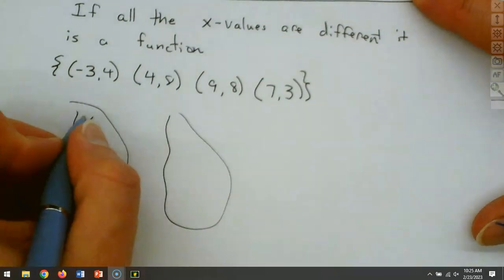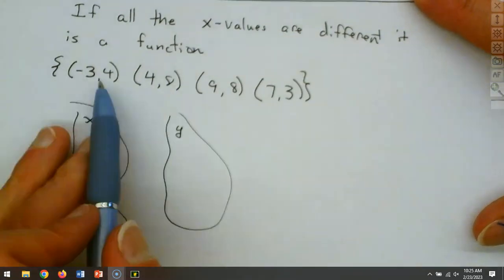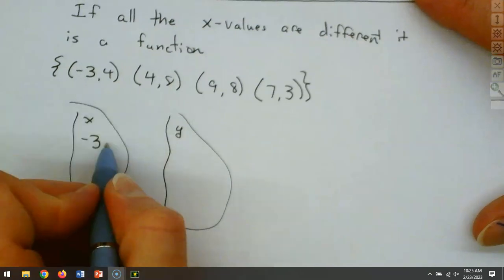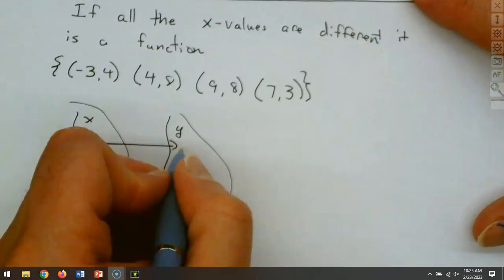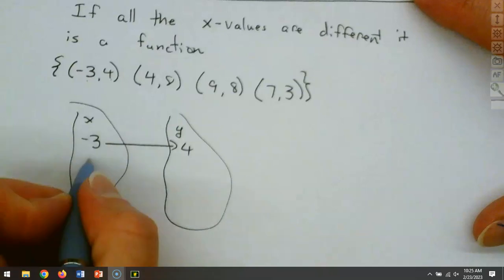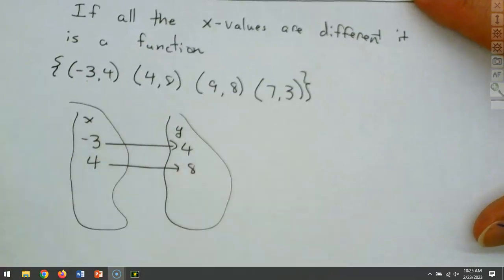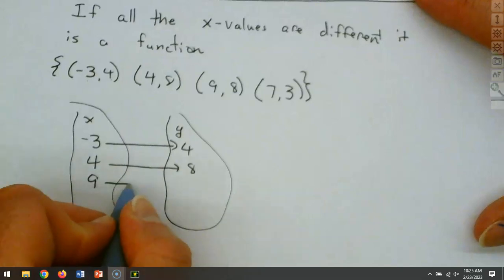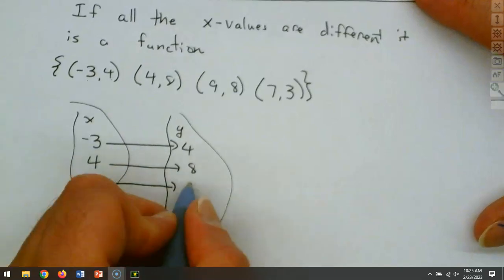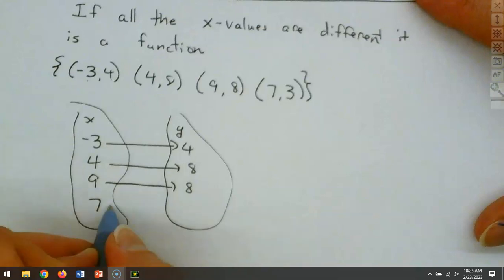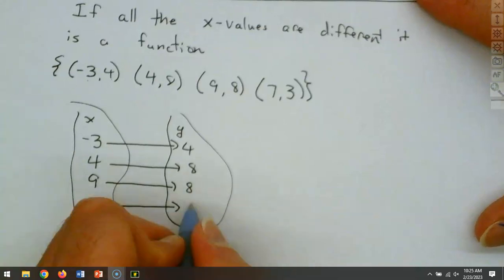And this is going to be the x, and this is going to be the y. So we have -3. It maps to 4. Okay? And then we've got 4. It maps to 8. We've got 9. It maps to 8. And then we've got 7, and it maps to 3.